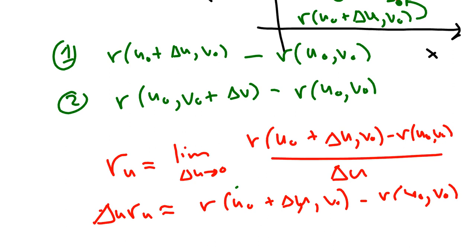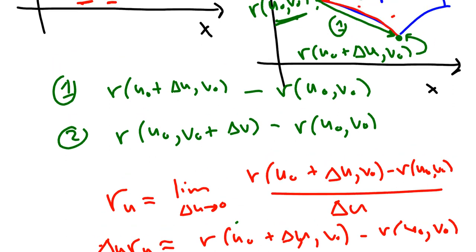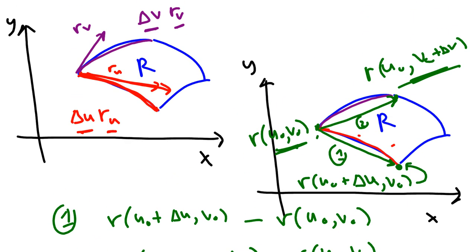And that's sort of interesting because if you think about the picture up above, that's sort of telling us that, let's use a dramatic color here, this vector here and this vector here are approximately the same. And then similar reasoning will tell you that this vector and this vector are approximately the same.